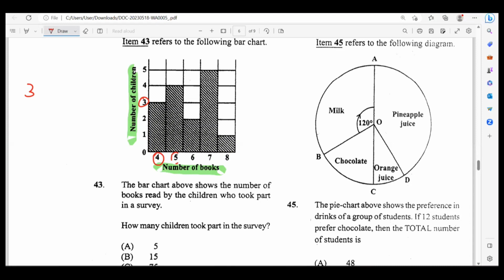And we have 4 students that read 5 books. We have 2 students that read 6. We have 5 students that read 7. And we have 1 student that read 8. So don't let this trick you. 1 student read 8 books. That's fine. How many students? 1. So you want to add these up. This is 7 plus 2 is 9, 9 and 1 is 10, 15.